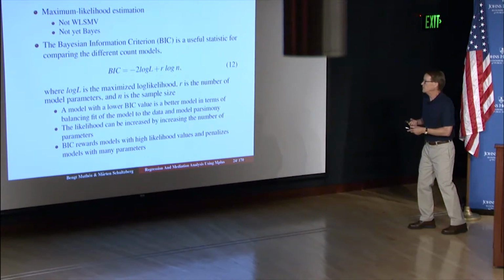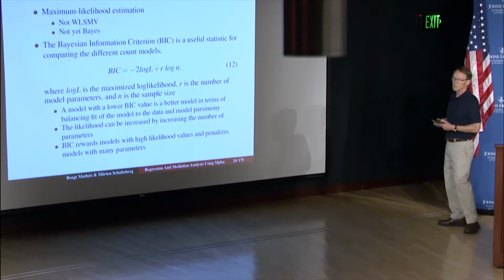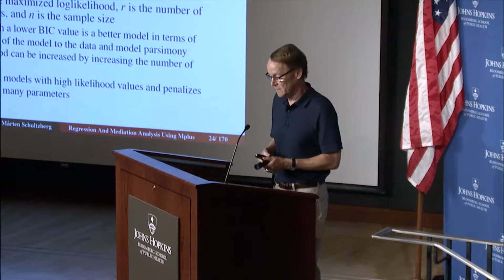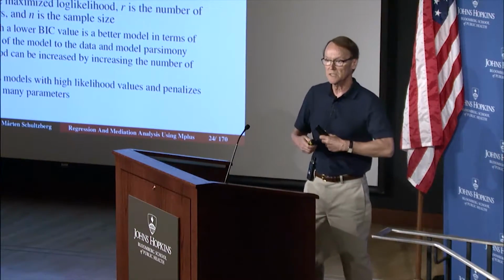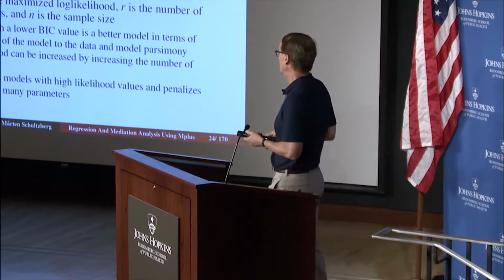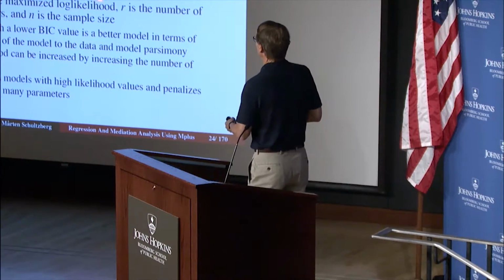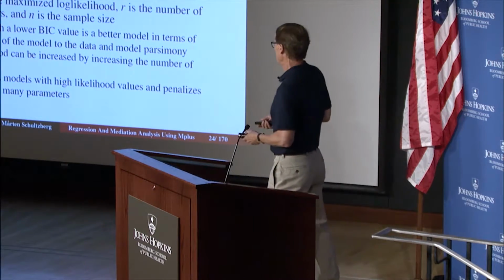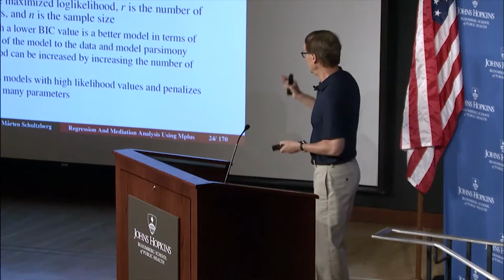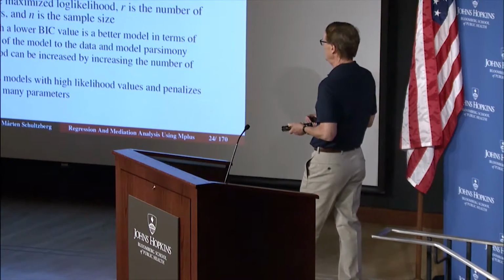So you want to have a high likelihood, which is a good fit to the data. But you can get that trivially by just increasing the number of parameters. So you have to have a penalty for increasing the number of parameters. That's why you have two terms balancing each other. As it says here, we want low BIC. The way we're scaling things, low BIC is good.